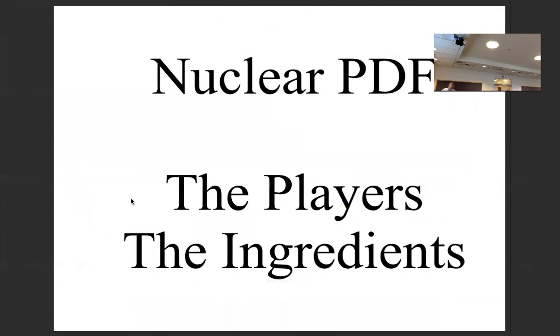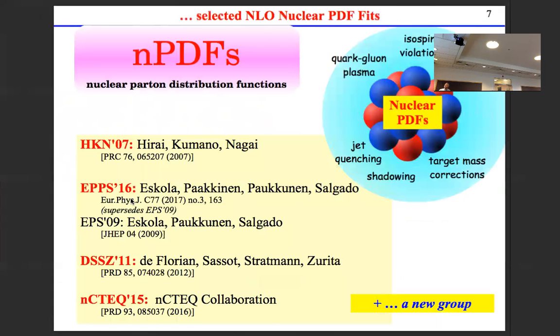So let me introduce you very briefly to the players and the ingredients. Essentially there are 4 nuclear PDF sets currently. The original one, Hirai, Kumano and company, was the first one doing the evolution to next-to-leading order analysis. Then there's EPS09, which has been superseded by an updated set, EPPS16, which includes both LHC data and also the neutrino data.